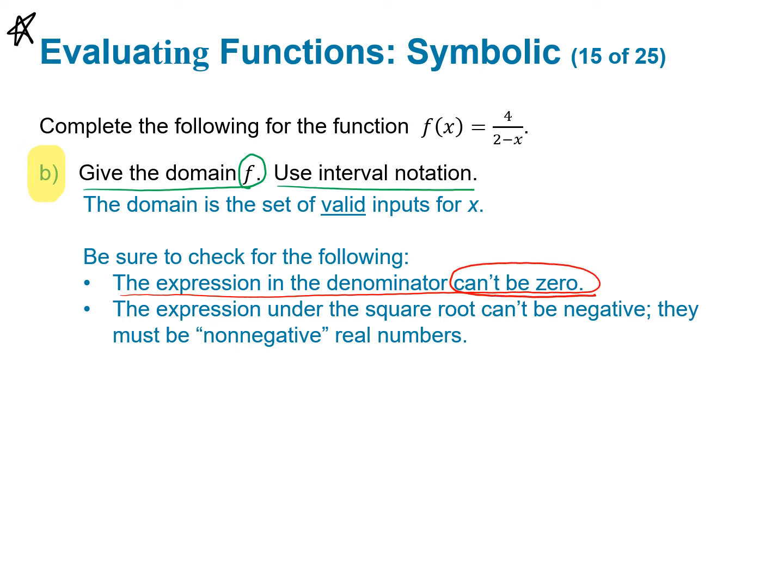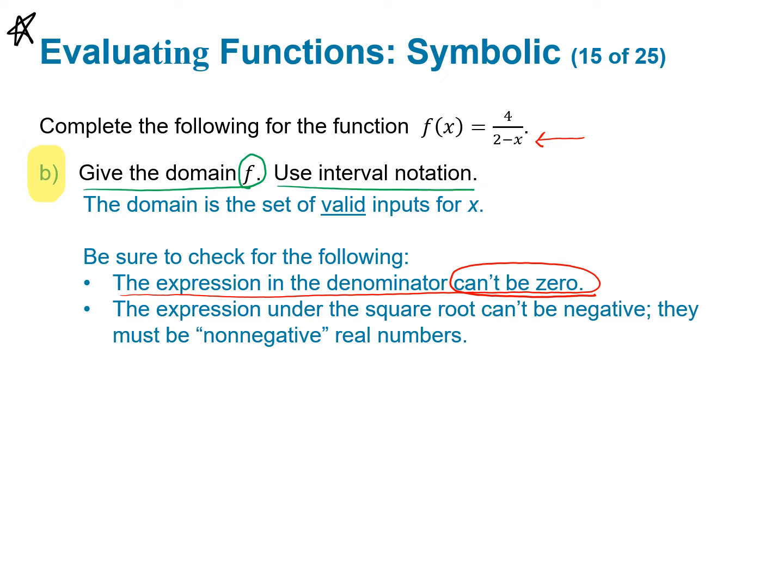So in an expression, if you have a fraction, the denominator could never actually equal 0. We could put any number into this function and it'd be a part of the domain, except numbers that would make the denominator 0. So any number that would in turn make the denominator 0 is not a part of the domain.